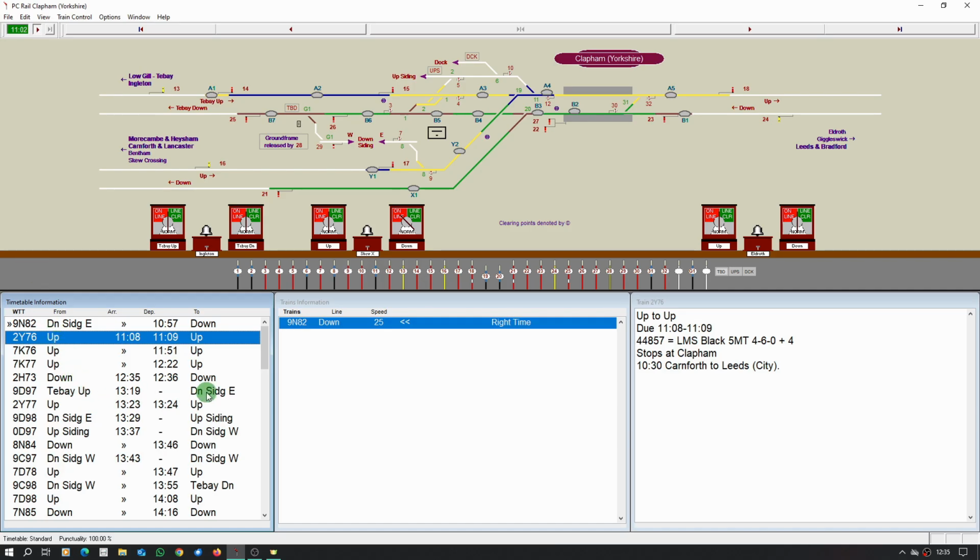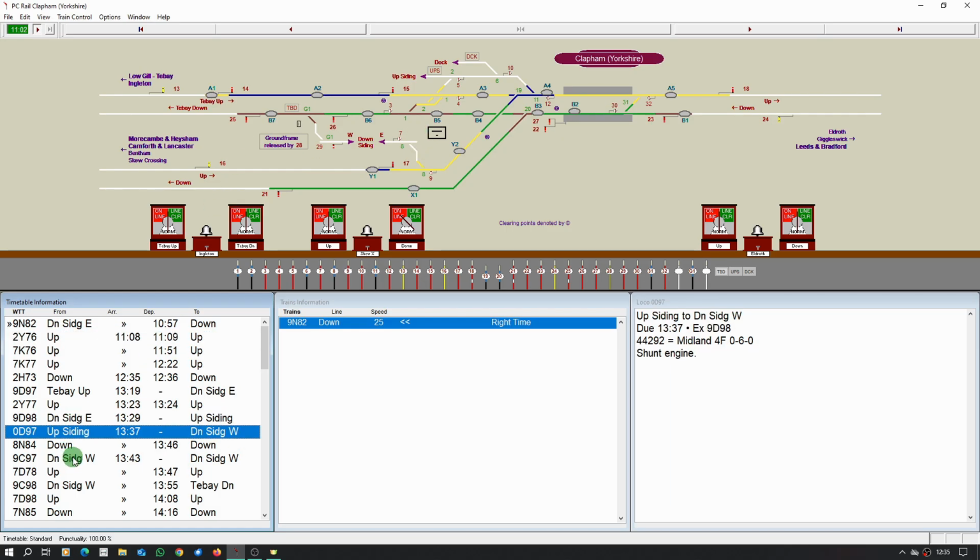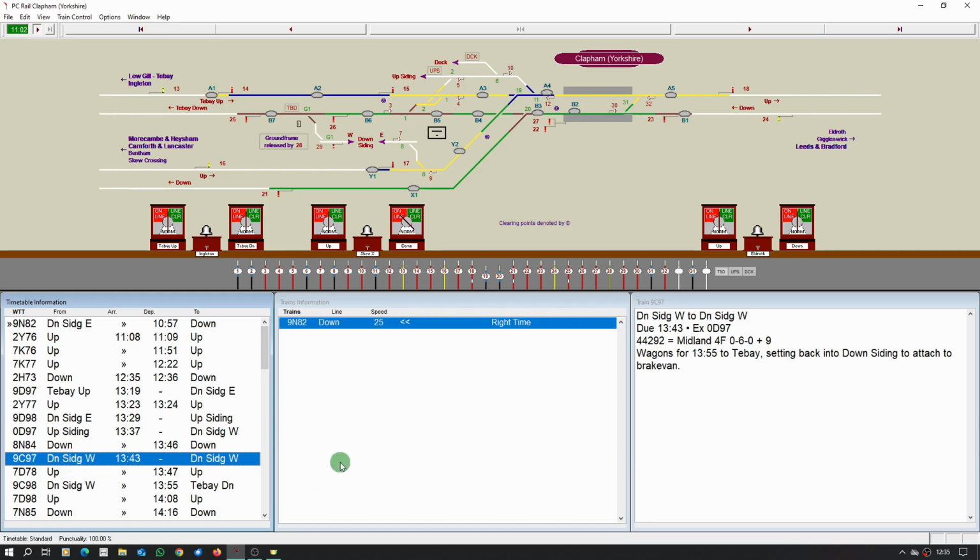Oh, we've got a bit of a shunt move looking down here, downside in east to upside in. Then he goes back again into the west, so it goes from the east to upside in. So yeah, there's some interesting moves. Downside in west to downside in west. Right. Don't know how it does that.